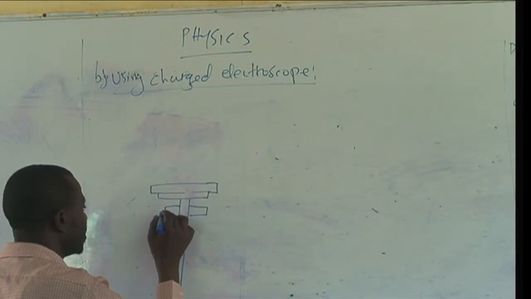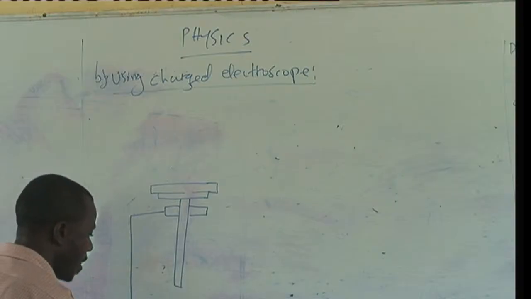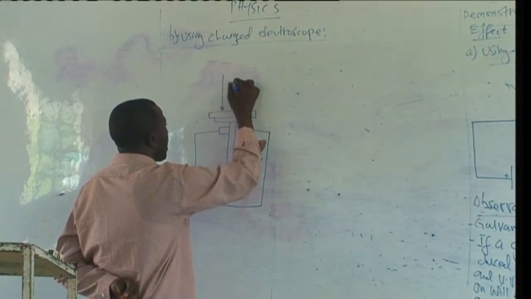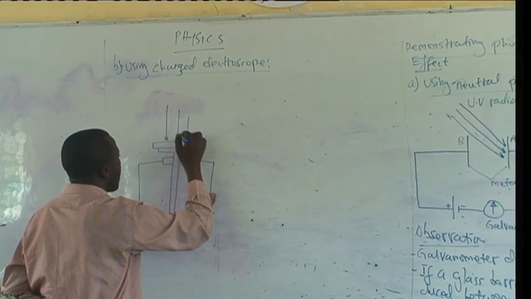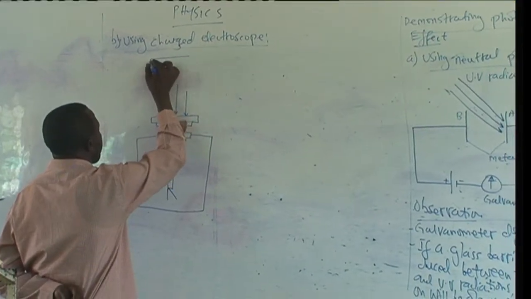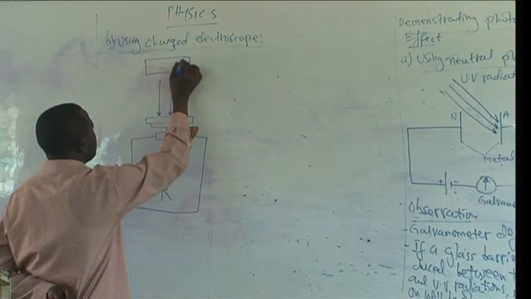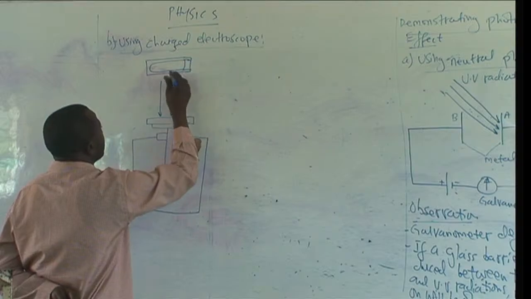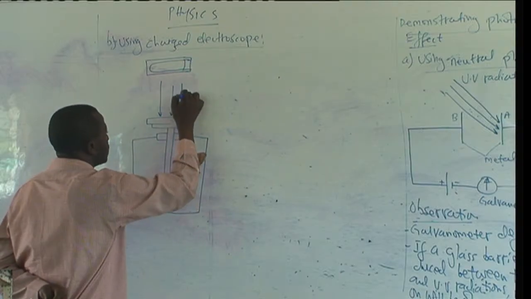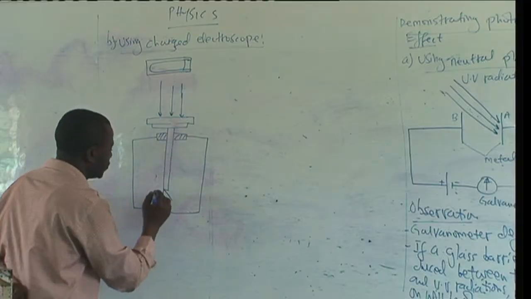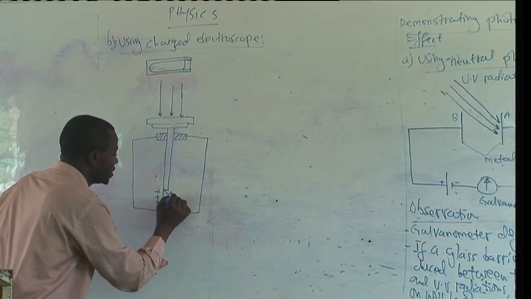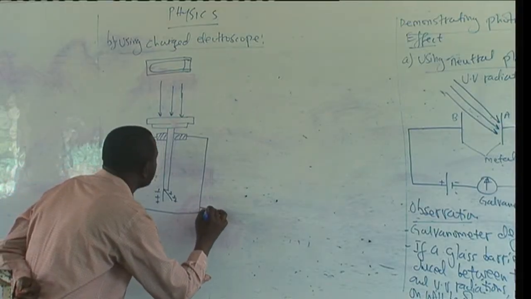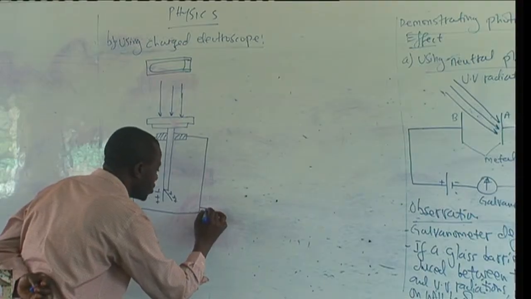This is the rotary electroscope. So this is a positively charged electroscope. We want to see the effects of the photoelectric effect on this electroscope, which is charged.